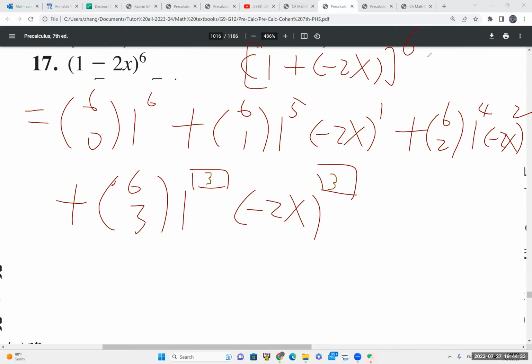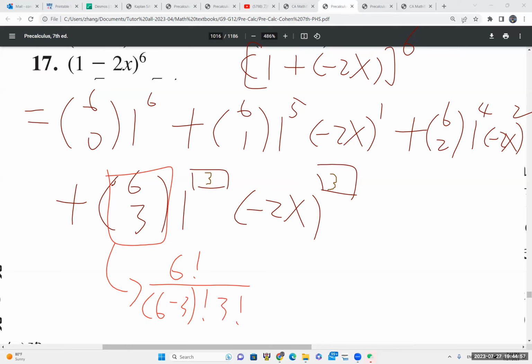Oh, by the way, remember what this equals? It's 6 factorial, then 6 minus 3 factorial, then 3 factorial.